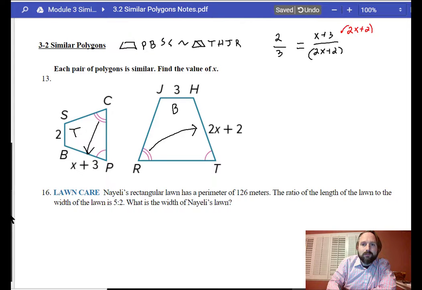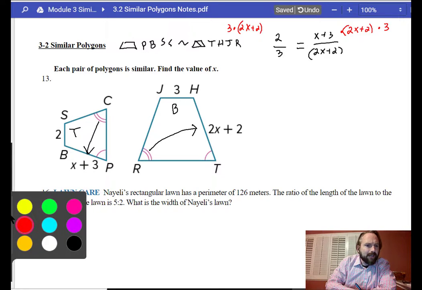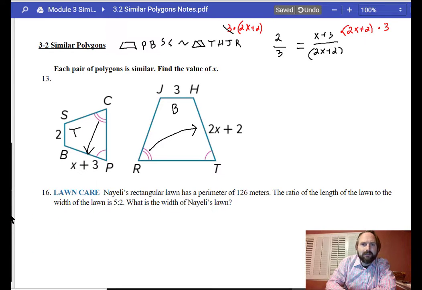I'm also going to multiply by 3 to get rid of this guy as well. So I'm going to multiply this guy by 3 times 2x plus 2. Doing that will cancel out these two, and this will cancel out this. So I'm going to be left with 2x plus 2 times 2, and I'm going to be left with x plus 3 times 3.